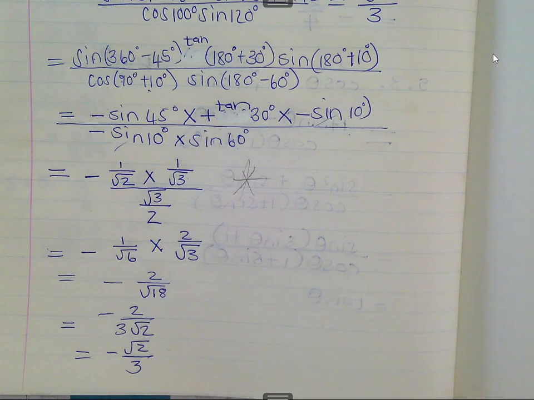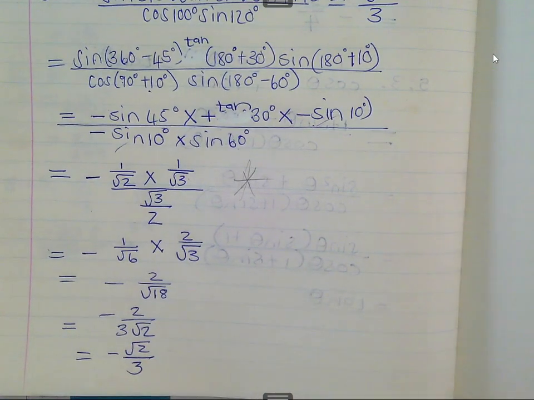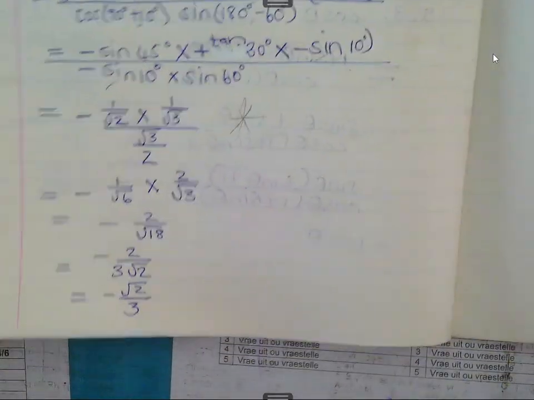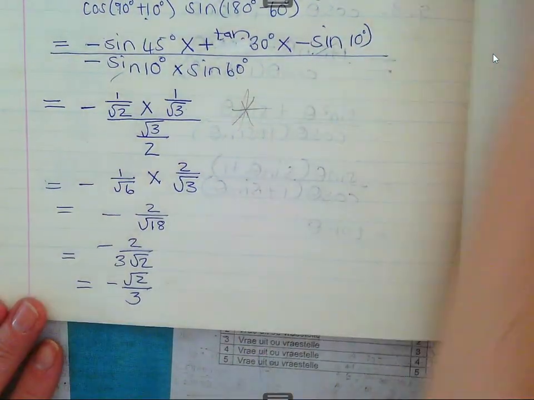You cannot change both of them. Then the sin will become cos, the cos will become sin. The 10 will become 80, the 80 will become a 10. So you'll be right back where you started. Okay, so you just change one, and then they will cancel out. But here where I've made the star, you can use the calculator.